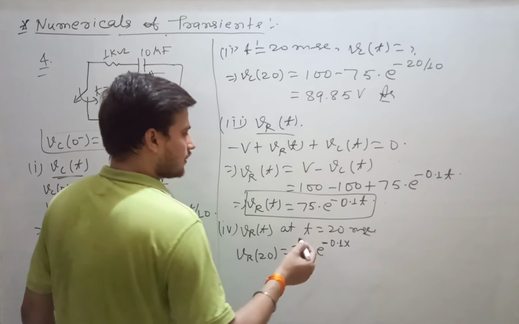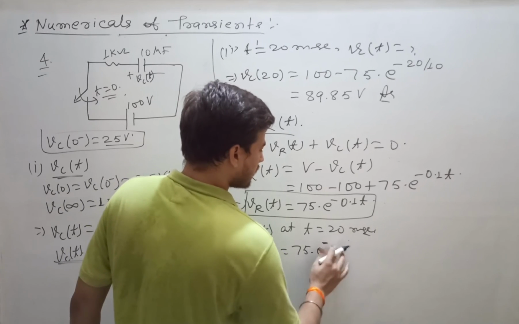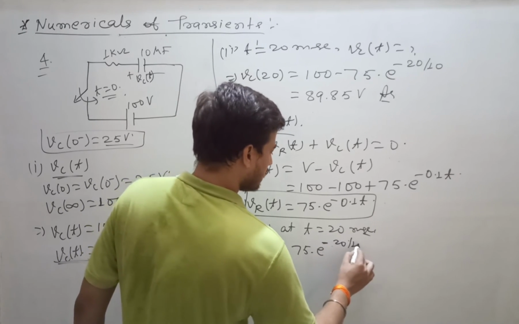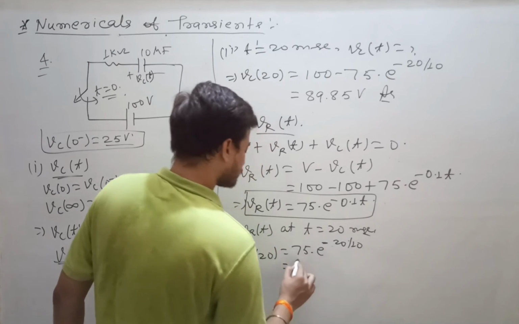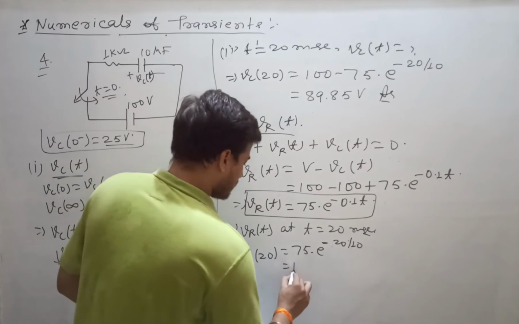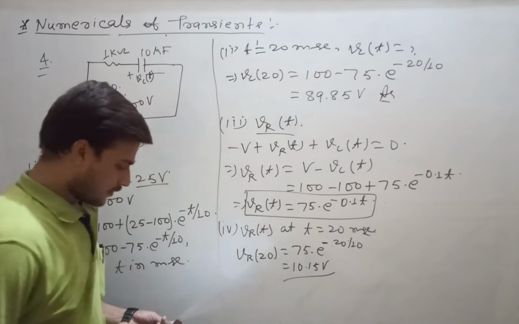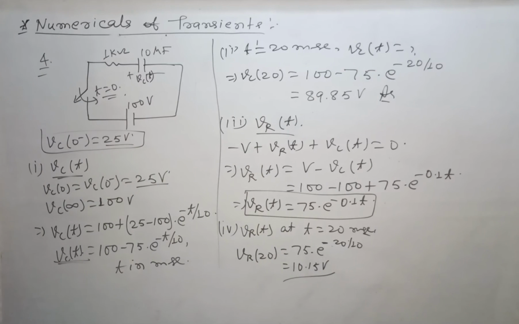Or you can write t by 10, that means 20 divided by 10. So here it is 10.15 volt.